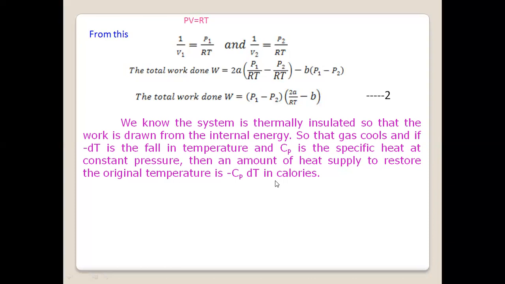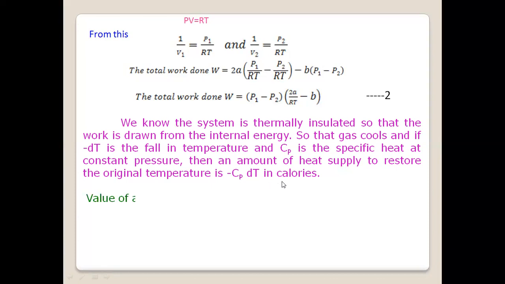According to the specific heat equation, we know specific heat C is equal to 1 by m into dQ by dT, that is, dQ is equal to m c dT. Of course, m is taken as 1 mole of gas. That is dQ is equal to c dT, where c is Cp, that is minus Cp dT in calories.